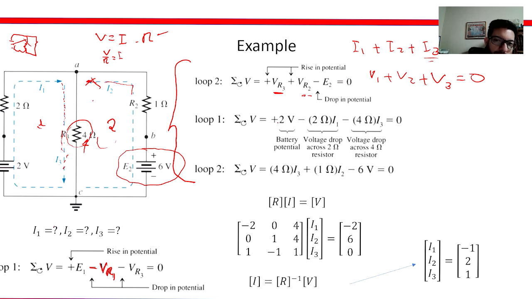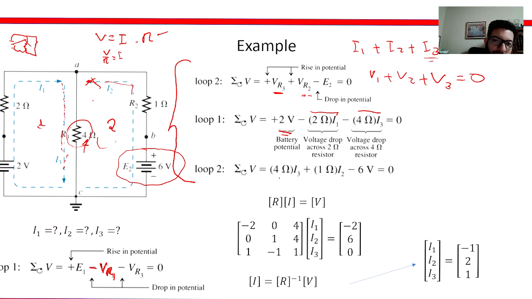So if you set up the equations, for loop 1 you have the source is 2 volts minus the voltage drop through R1, which is 2 ohms times current 1, which we don't know. And then for resistor 3, we don't know the current 3, but we know the value of the resistance, so 4 ohms and current 3.